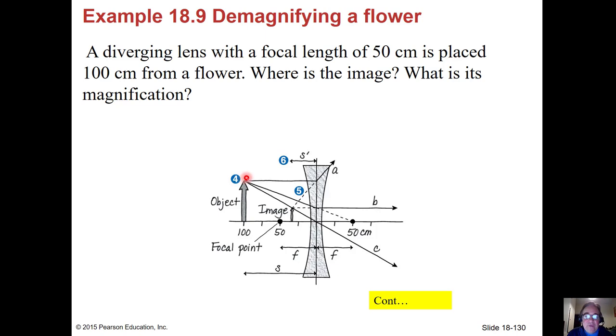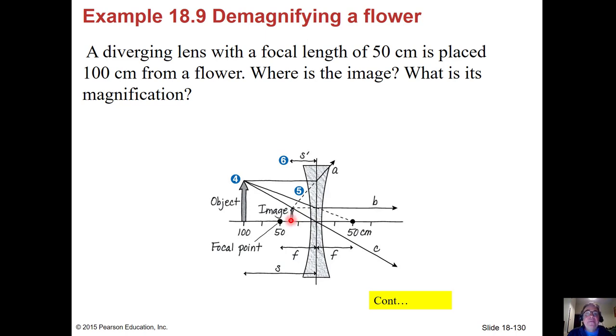The ray that goes through the center keeps going. And then the one that is heading towards the focal point goes parallel to the axis. When you trace those back, the center one you don't even have to trace back. This is where the actual image is formed.